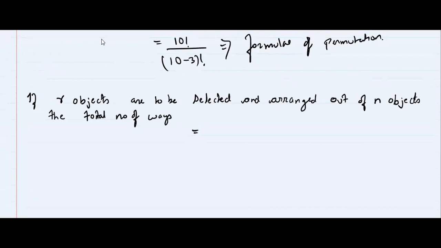Here the total number is n. So it is n factorial divided by, now it was 10 minus 3. Yes, Puneet, very good. So here it will be n minus r whole factorial. Agree? Tell me yes or no. Just raise your hand, everyone, if you got this.